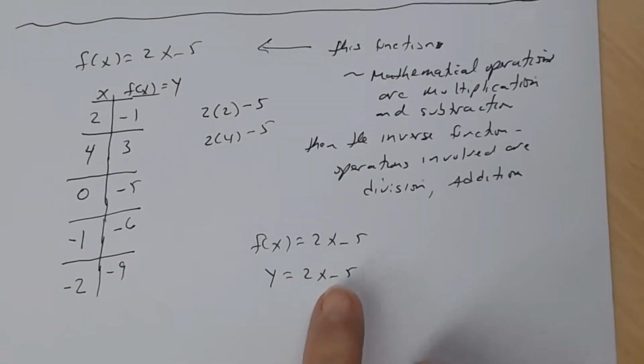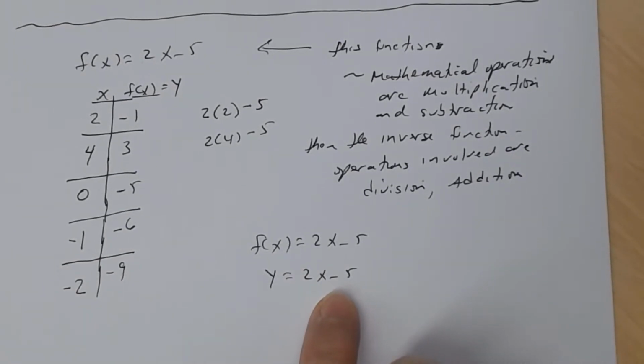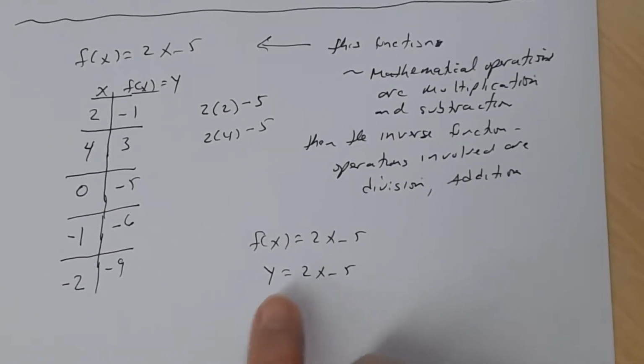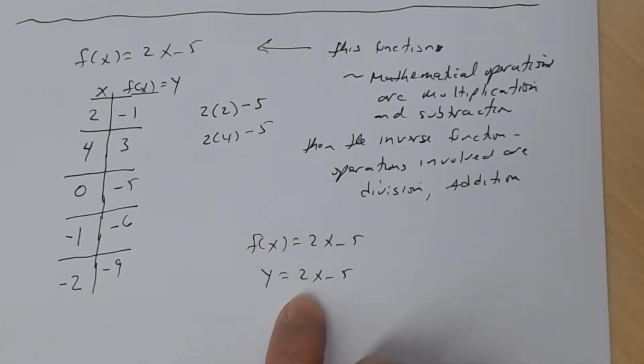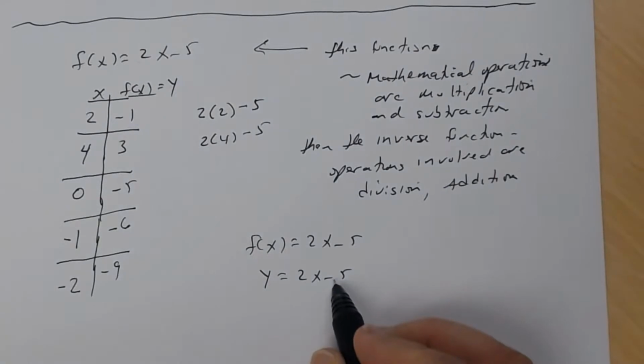You see right here, that's subtracting 5. So we can add 5 to both sides. I would not do division yet, because then you would have a fraction: y divided by 2, minus 5 divided by 2, and this would be x. So let's do the division last. I'm going to add 5 to both sides.